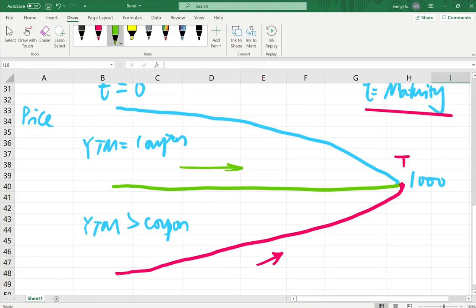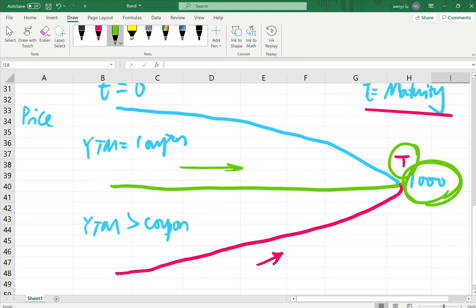So you can base on the comparison of yield to maturity and coupon rate to determine the bond price for different times, from time zero to maturity. But at maturity, all three paths will merge and converge to $1,000, the face value at maturity.